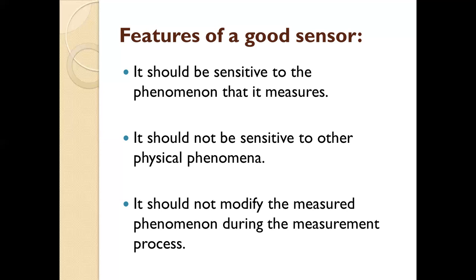A sensor detects changes in the ambient conditions or state of another device or a system, and forwards and processes this information in a certain manner. It is a device which detects or measures a physical property and records, indicates, or otherwise responds to it. When we talk about sensing, basically the sensor detects or senses the changes in the ambient conditions, or it can also sense the state of another device.